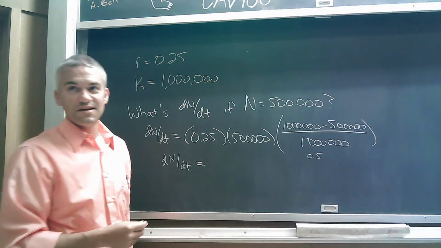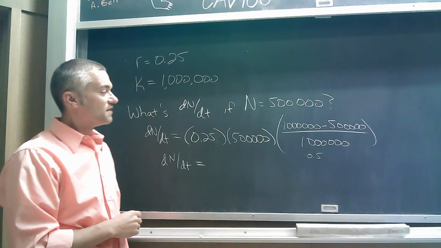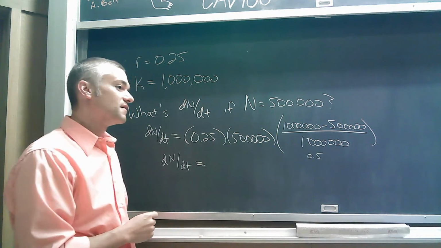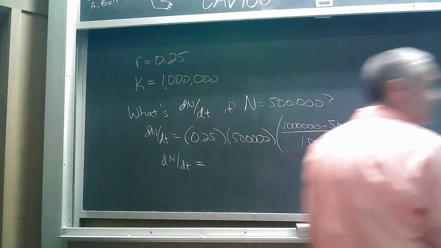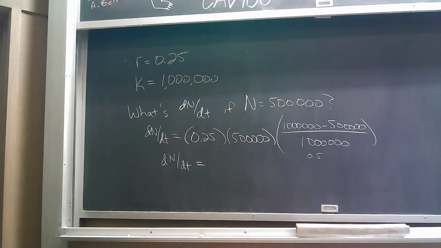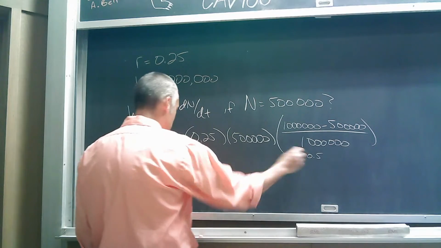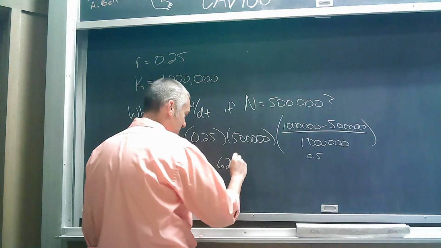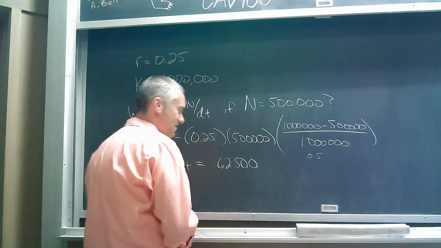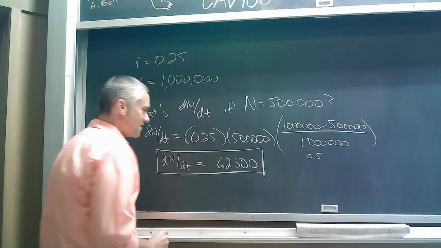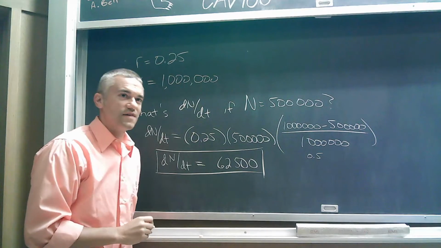What's our dN over dt? I think you missed that part. Oh, I'm sorry. I thought you were asking about the other. 62,500.